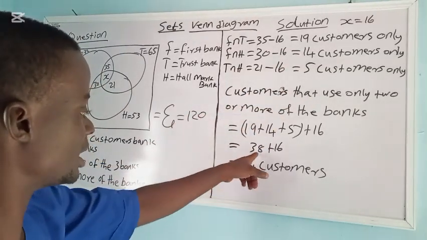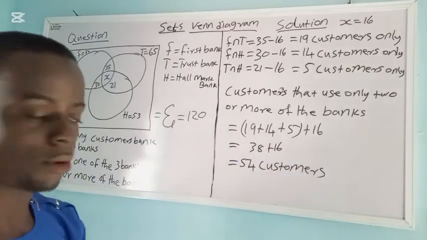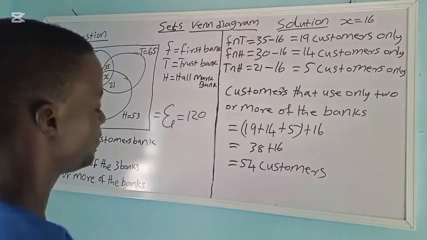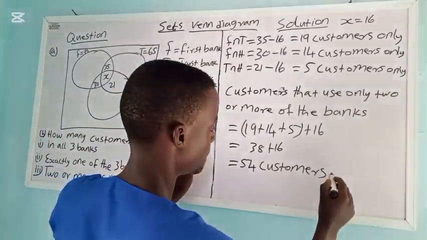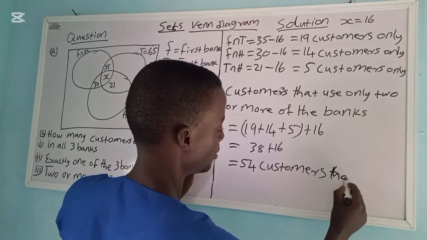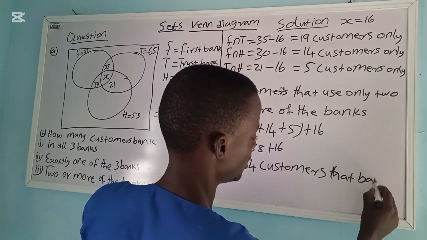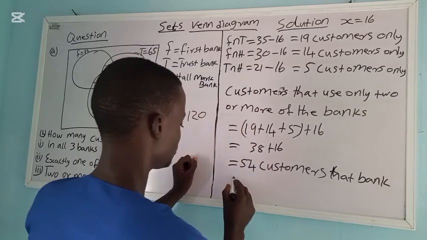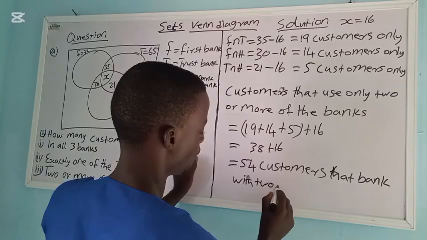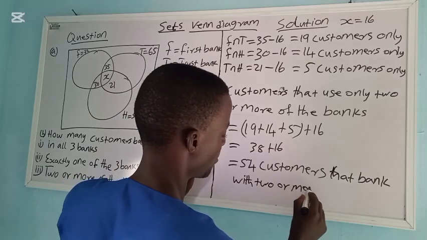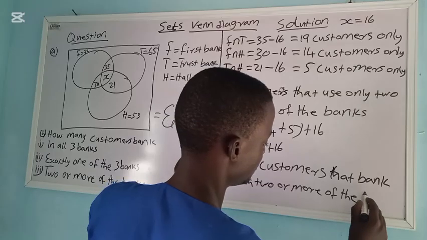So people that use only two are 38 and people that use only three are 16. They will still join together because they say more. So you will get 54 customers that bank with two or more of the banks.